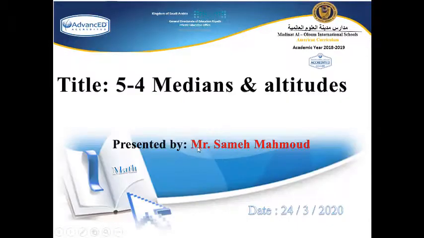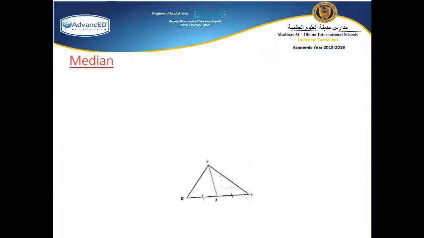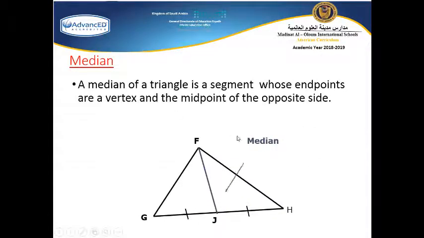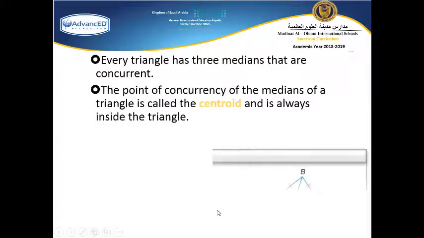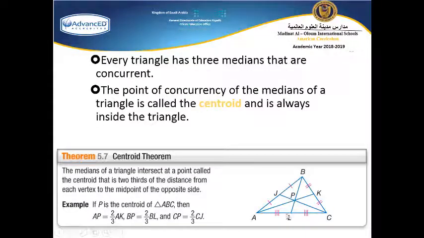15. The fourth lesson: medians and altitudes. The median is the segment drawn from the vertex to the midpoint of the opposite side. If the medians intersect in the triangle, the point of intersection of the medians, as we see here, is point P, called the centroid.